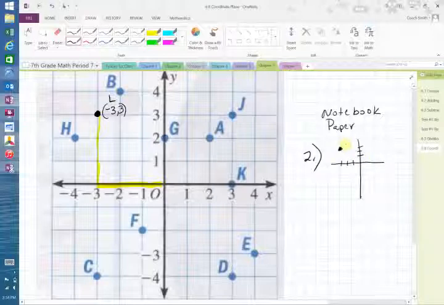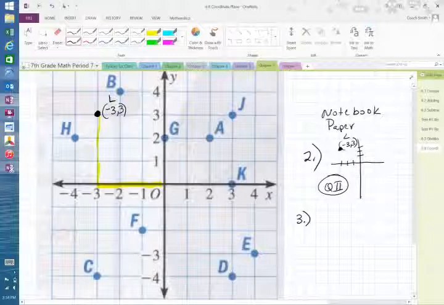You would put -3 and 3. Put L above it. And then you would put quadrant 2. Well, if you're looking at problem number 2, it has a big L beside it.